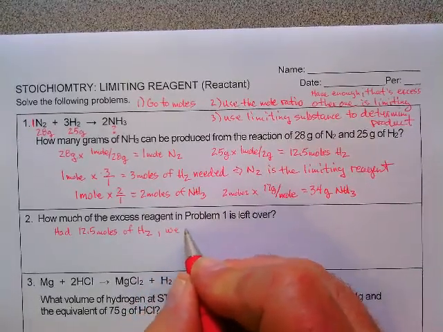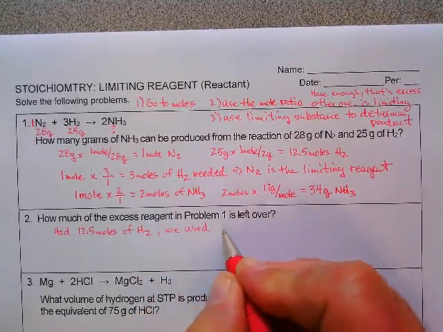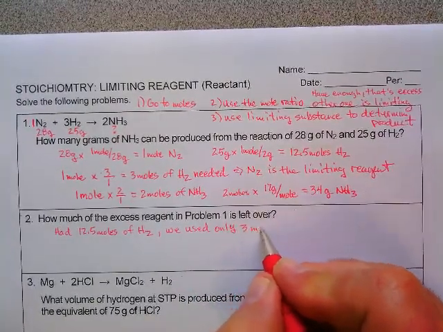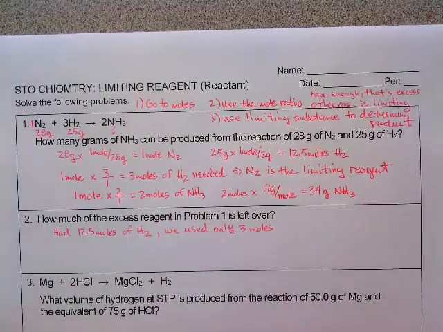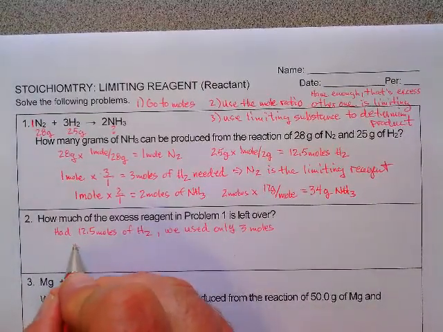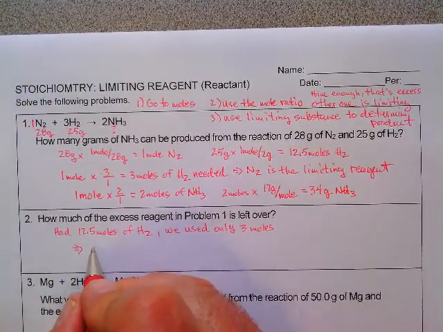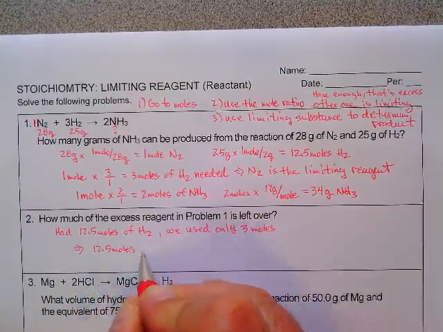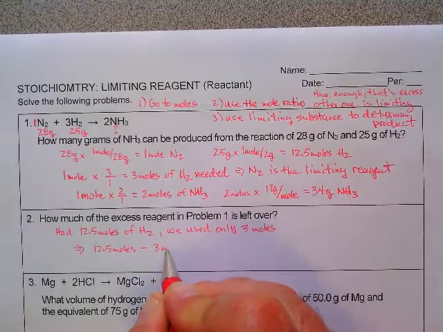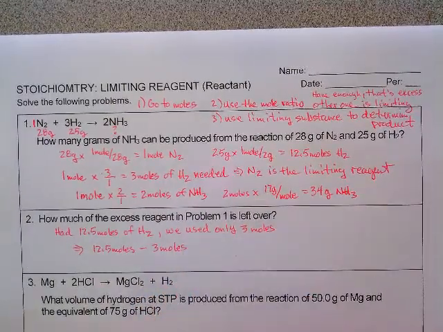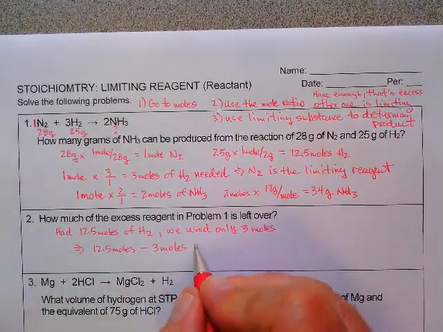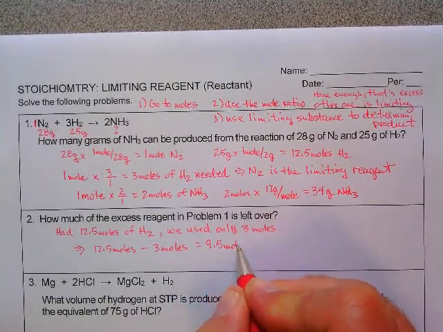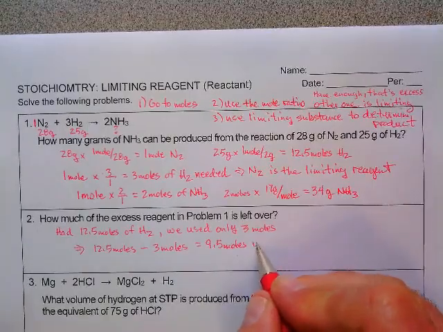We used only 3 moles. So 12.5 moles, subtract 3 moles, means that 9.5 moles are unused.